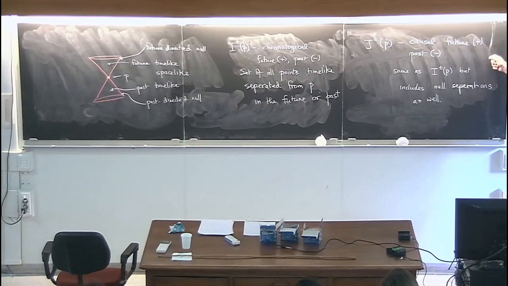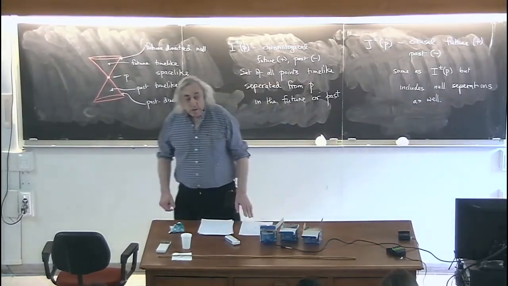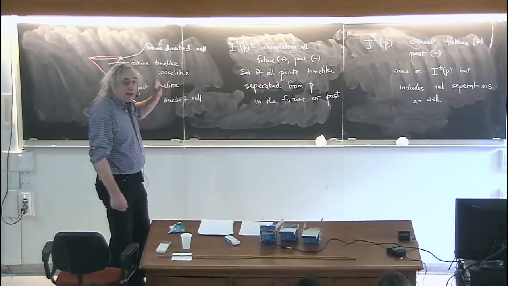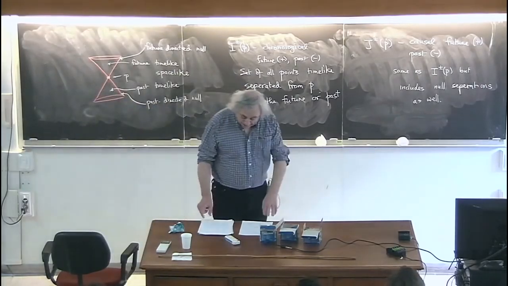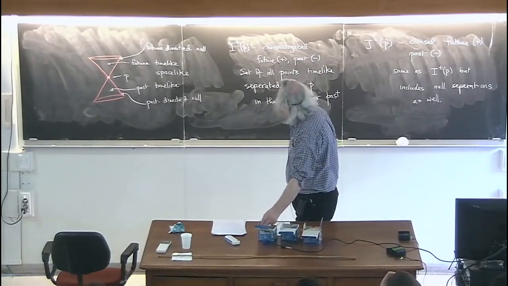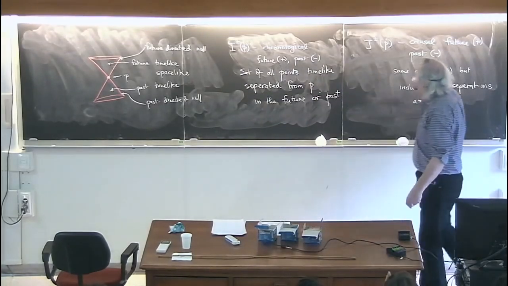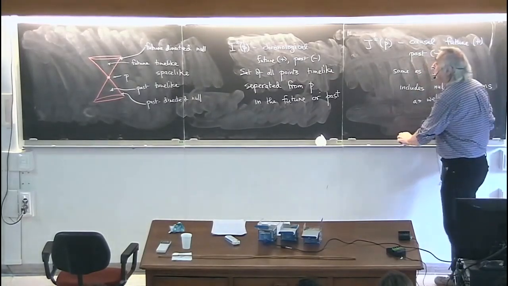These ideas of the chronological and causal future and pasts don't just apply to Minkowski space, but of course you can use these ideas for any point in any space-time you care to think of. And indeed, that's what we're going to do. We're going to consider what these various sets look like in various space-times.